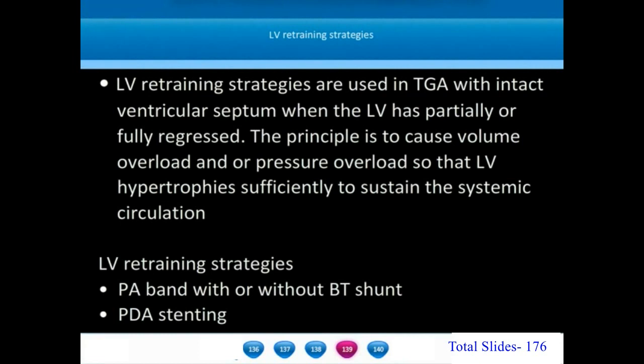When it is combined with a BT shunt, the BT shunt will result in aorta to pulmonary artery flows through the shunt, increasing the pulmonary venous return and increasing the left ventricular volumes, and this will result in a left ventricular volume overload. The same left ventricular pressure and volume overload can be achieved by doing a ductal stenting also.